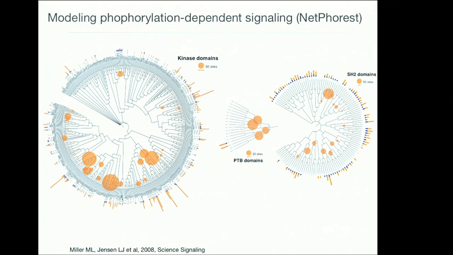So what we did was we made these bubbles here for sites where we only knew if it was a certain group that phosphorylated this. And this is, by the way, visualized with the iTOL tree that Letunic talked about a couple of years ago at VIZBI. Also for the SH2 domains, we did the same exercise.